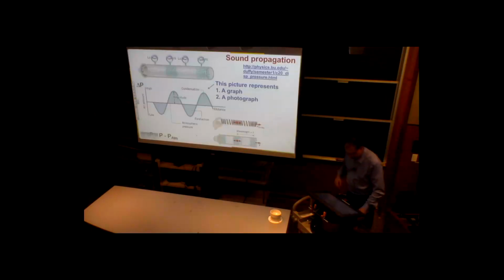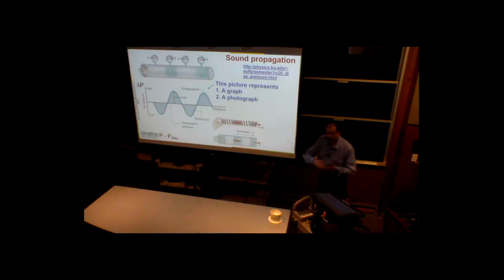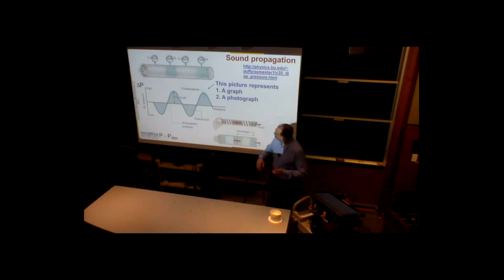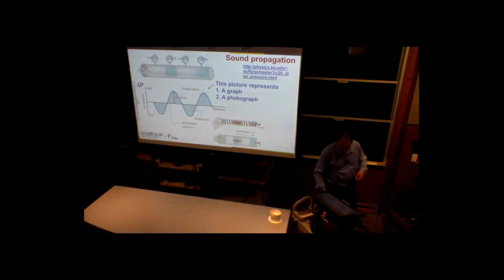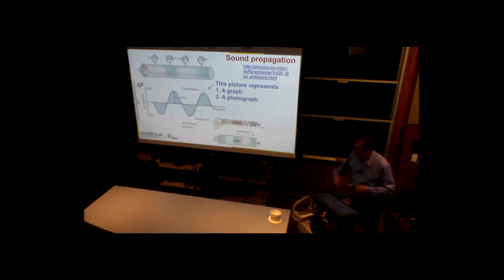And so this picture represents a snapshot of the change in the pressure above or below average. How do I know it's a snapshot? This is a distance. Of course, it's an imaginary situation, but if we used a device that could measure pressure very accurately, we could get a very similar graph.